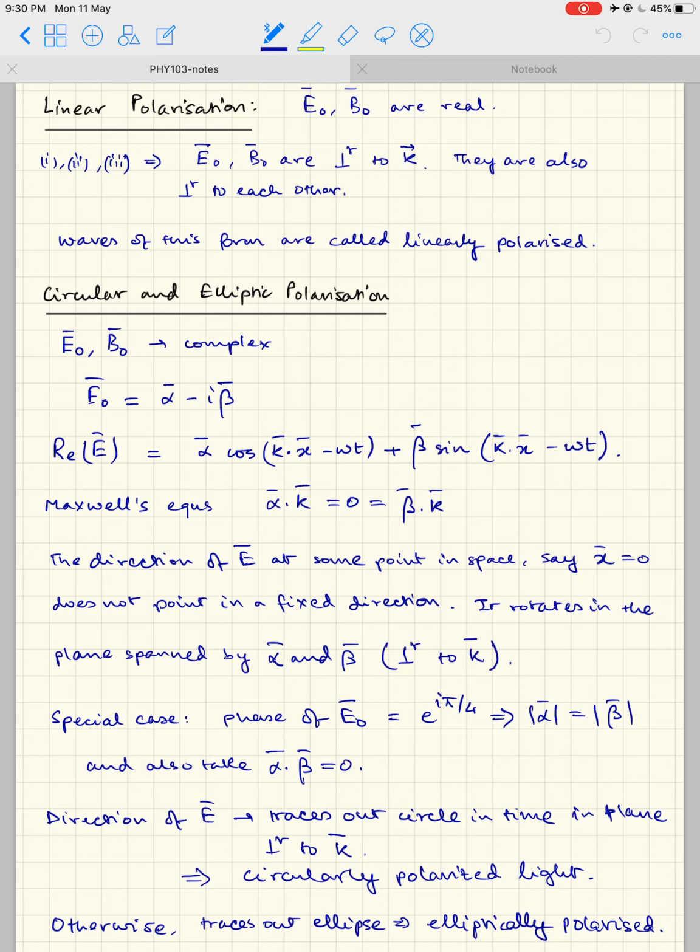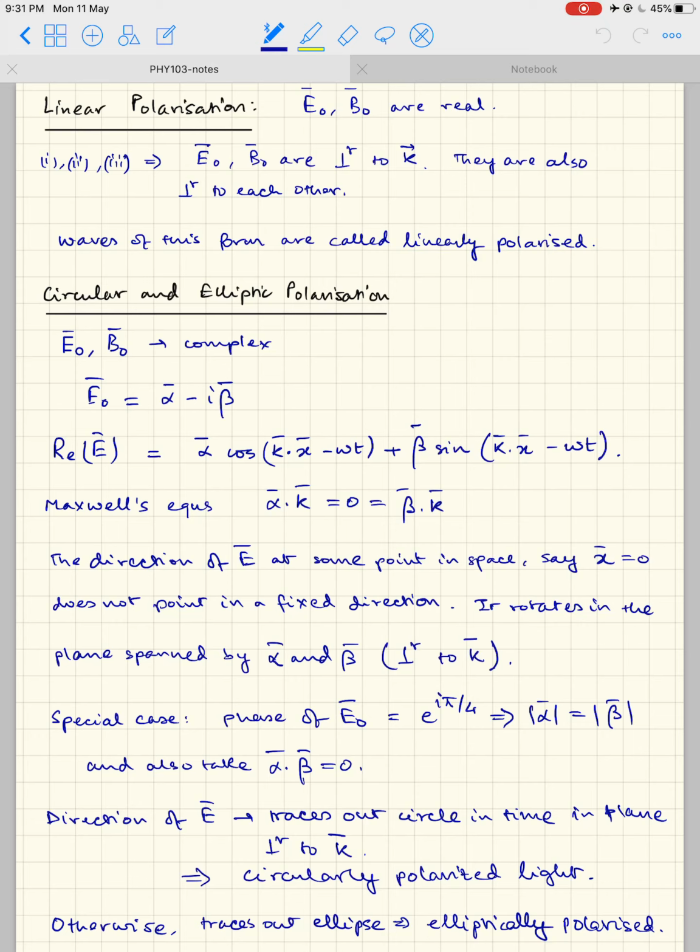Maxwell's equations in that case just gave you the fact that E naught and B naught are perpendicular to each other and to the wave vector. Waves of this form were called linearly polarized. And then at the end, we dealt with the case where E naught and B naught were not real anymore. In that case, we got circularly and elliptically polarized light.